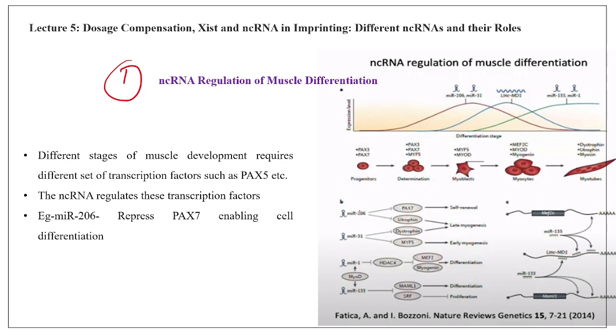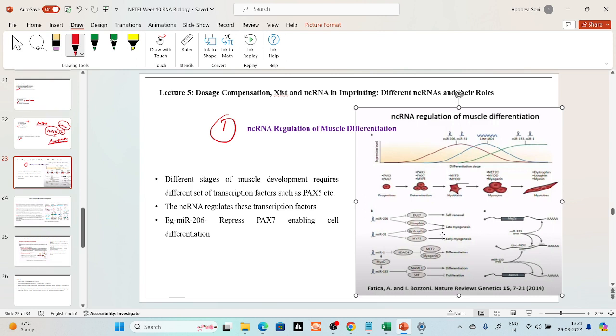So that means MIR206 is inhibiting cell renewal, which means it is helping in differentiation. Similarly, MIR31, MIR1, MIR133. These different microRNAs have different roles, which ultimately help in the differentiation of muscles. This is one example of non-coding RNAs.